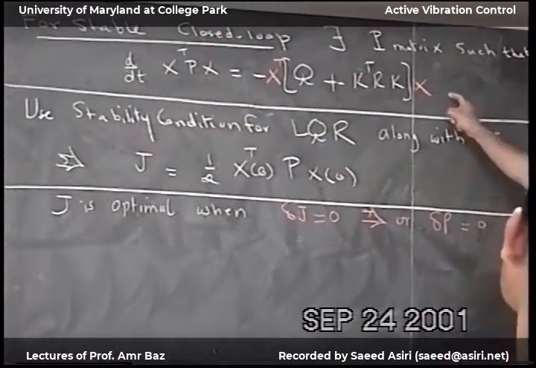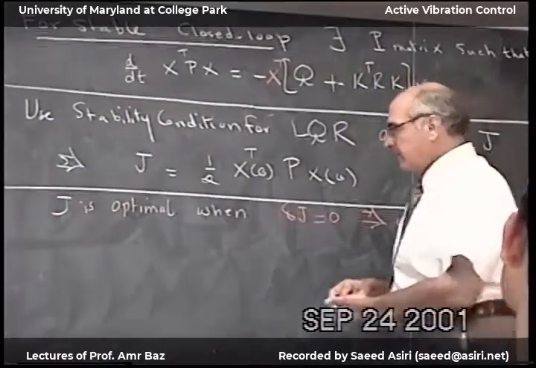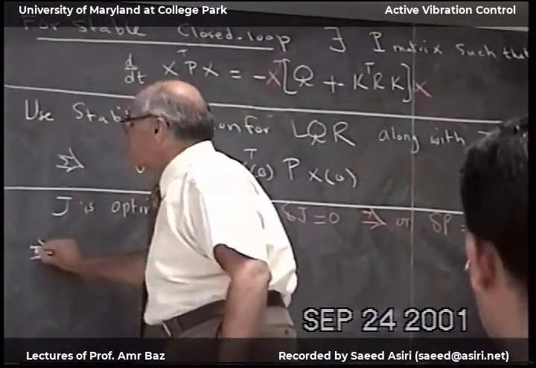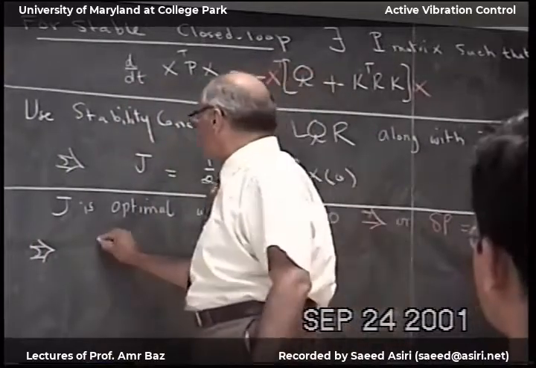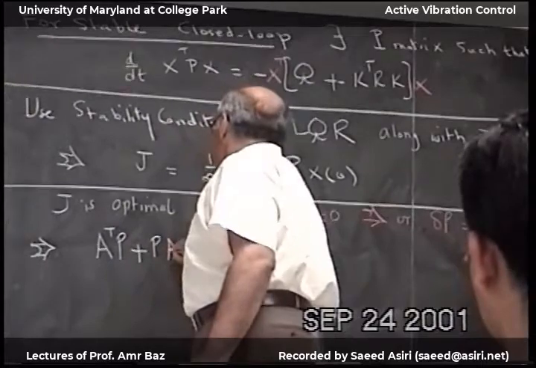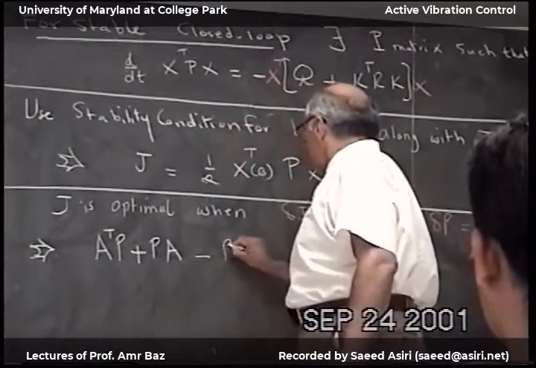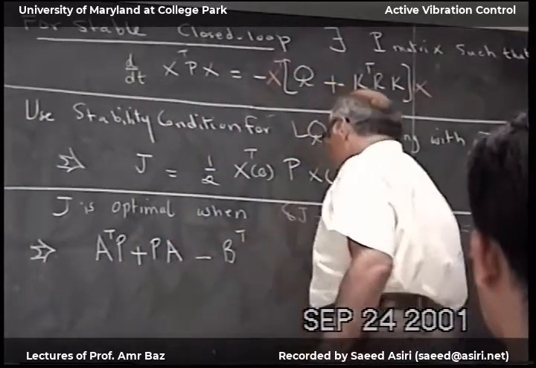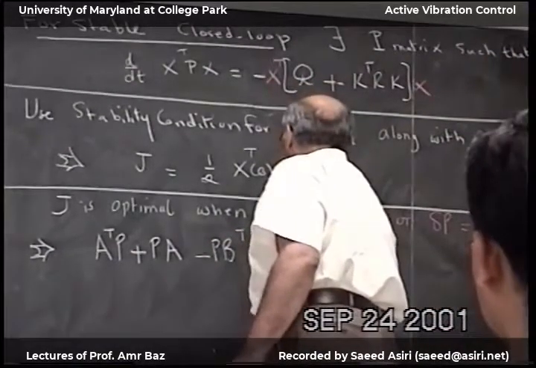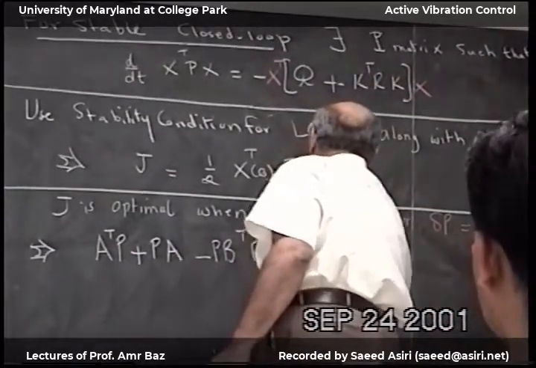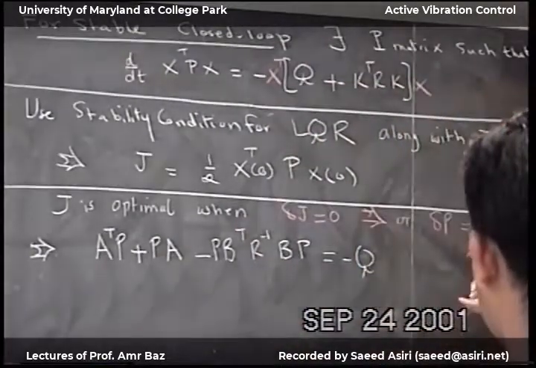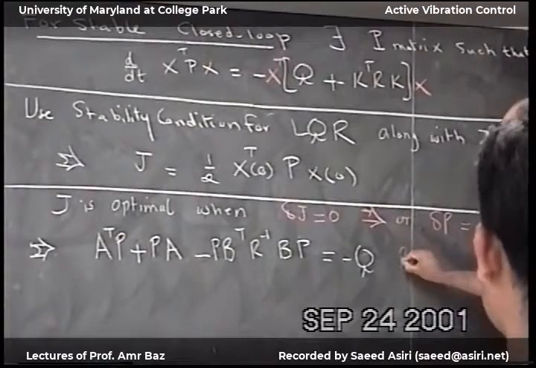And from this condition, this gave us the very famous equation, A transpose P plus P A minus P B R inverse B transpose P plus Q equals 0, which we call the Riccati equation.